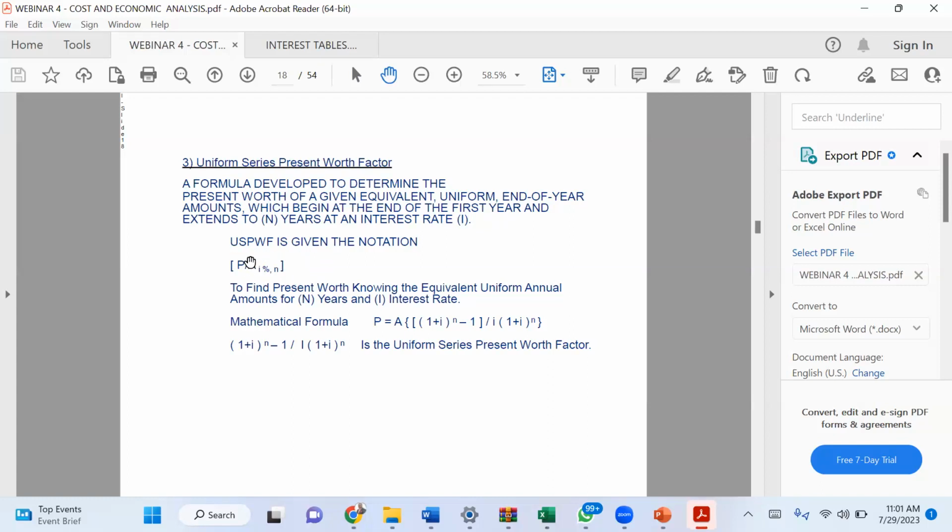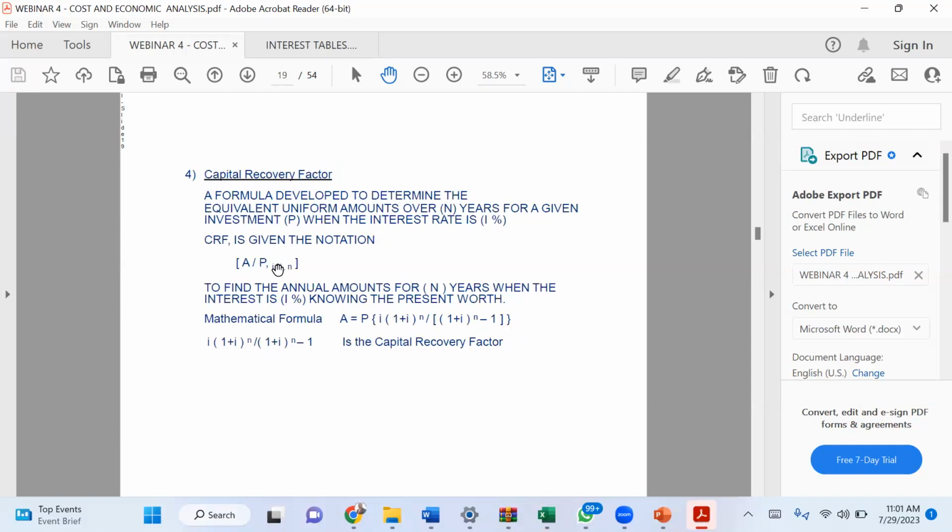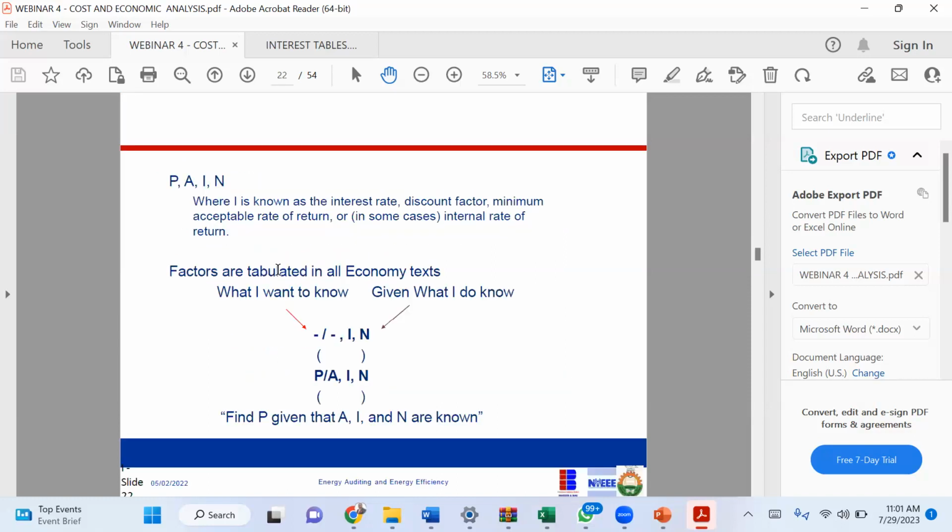Once you see this formula, you understand the language of this formula. This formula is telling you that you are looking for P and you are given A at an interest rate of I over N number of years. The factors are tabulated in all economics texts.